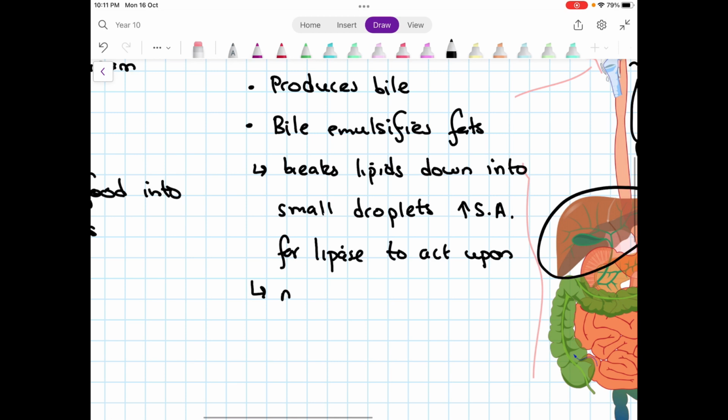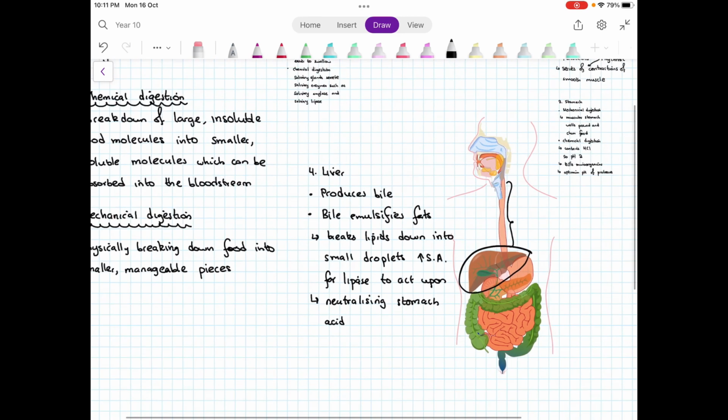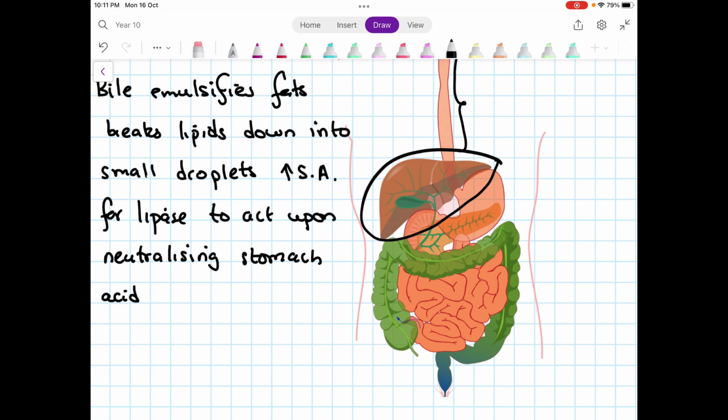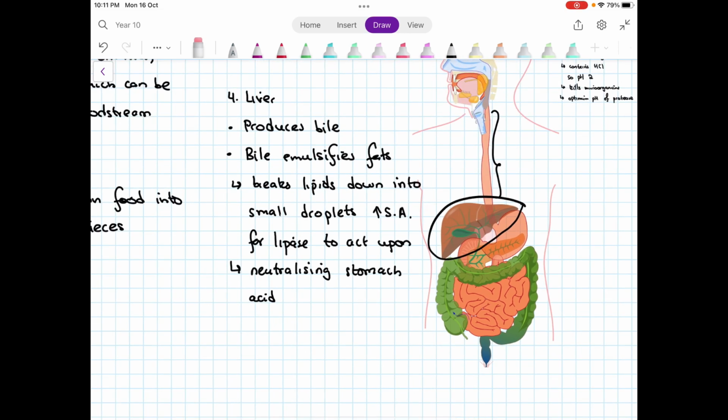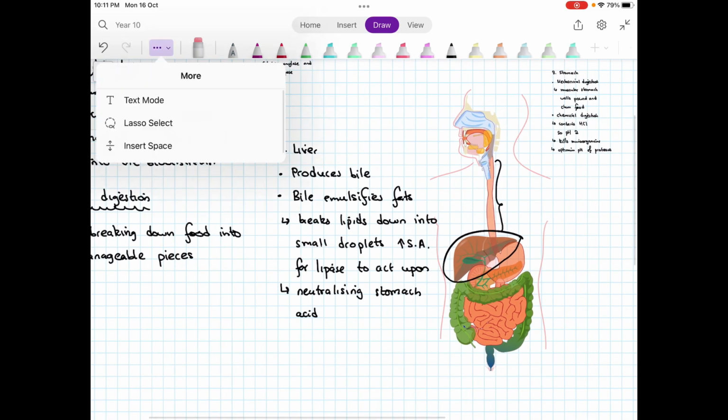Bile also is involved in neutralizing stomach acid, so that the enzymes in the small intestine are not denatured.